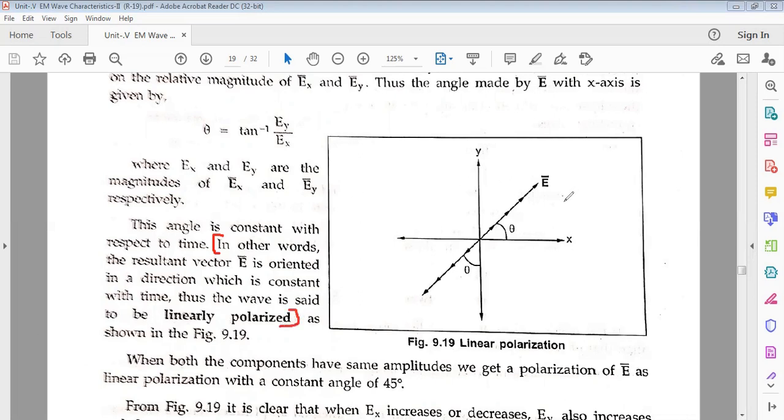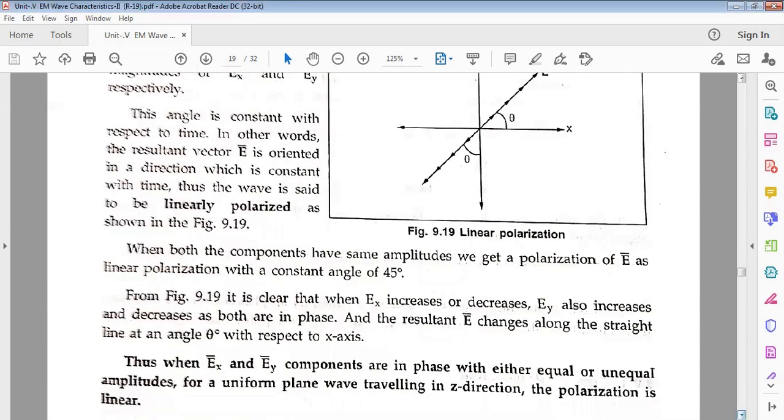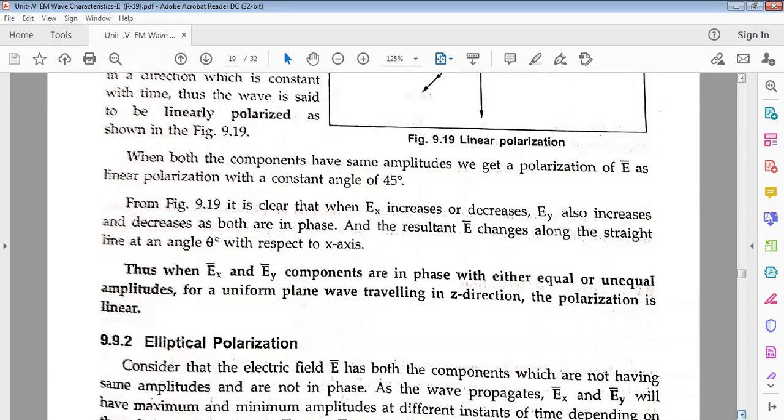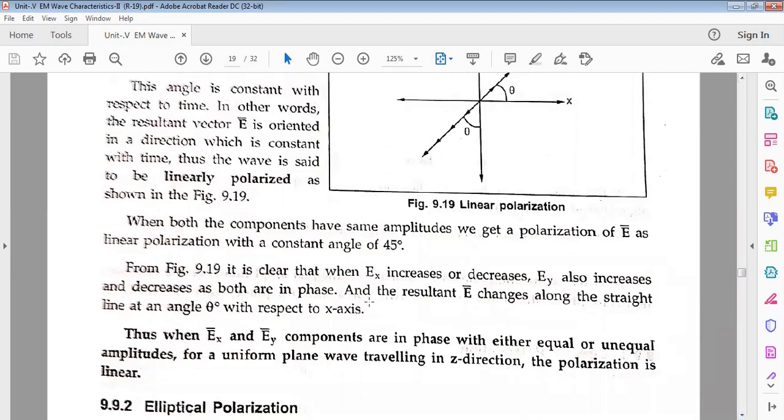The ratio, tan theta is equal to Ey by Ex, the opposite side over the adjacent. Okay. When both the components have the same amplitudes, we get the polarization of E bar as linearly polarized at a constant angle of 45 degrees. Got it? 45 degrees angle.